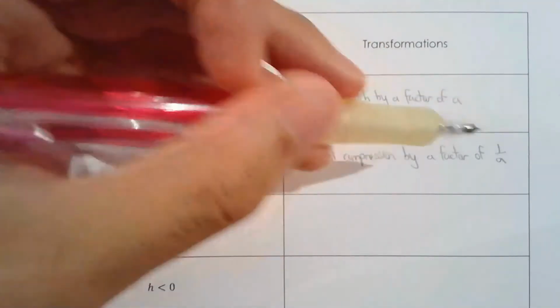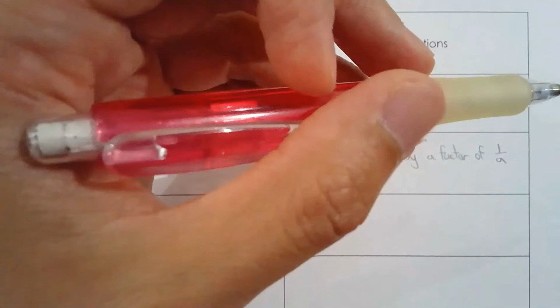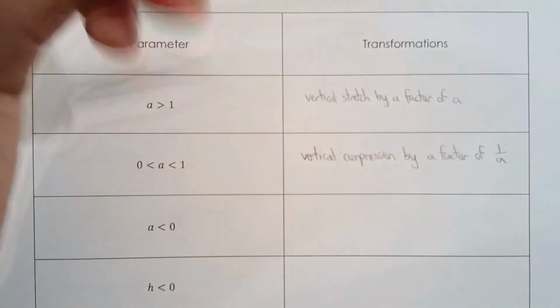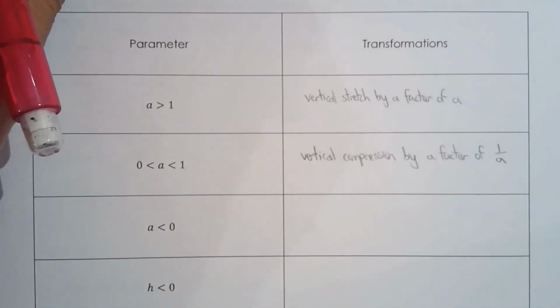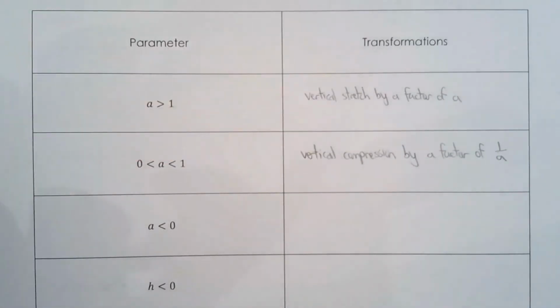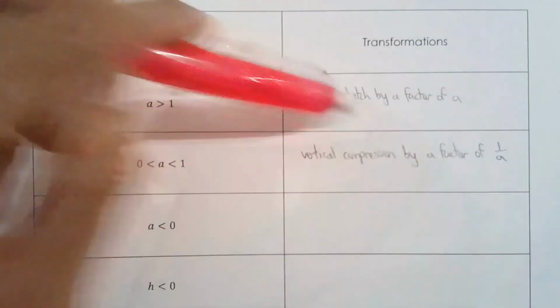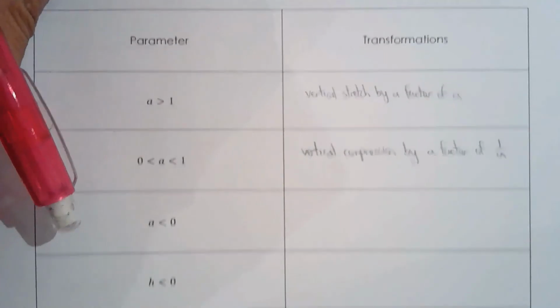The textbook does it a little differently. We are going to go through an in-depth explanation why I would write it as 1 over a and why the textbook says a. But we'll save that for another time. The key idea though is you understand what a vertical compression is, okay?